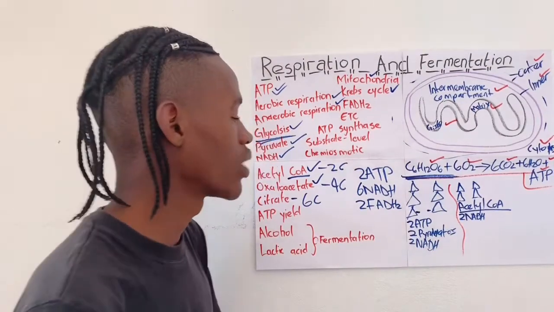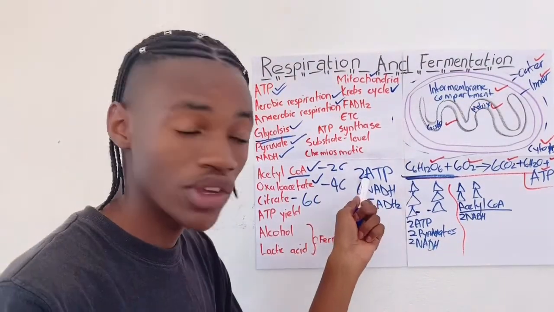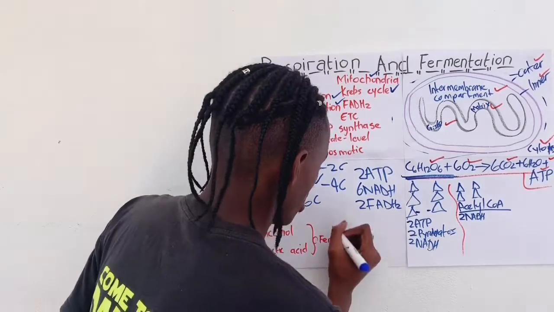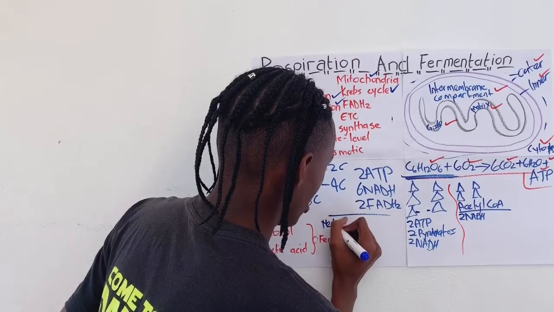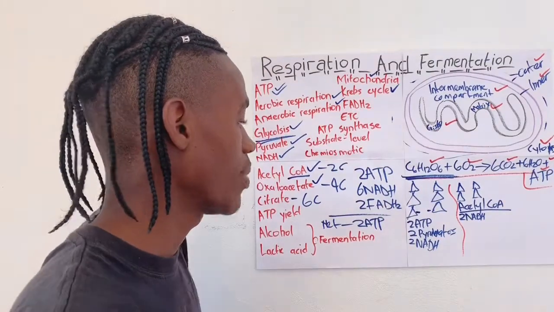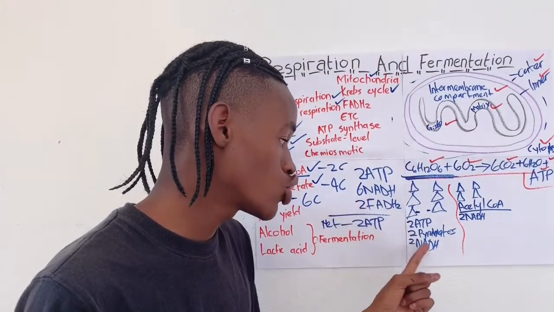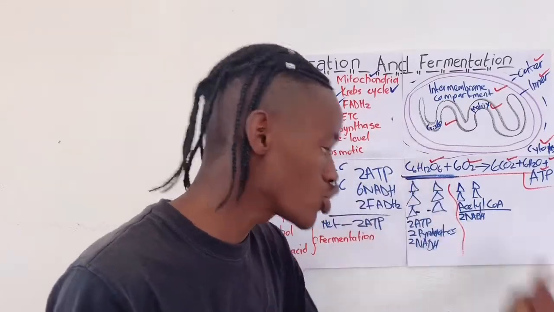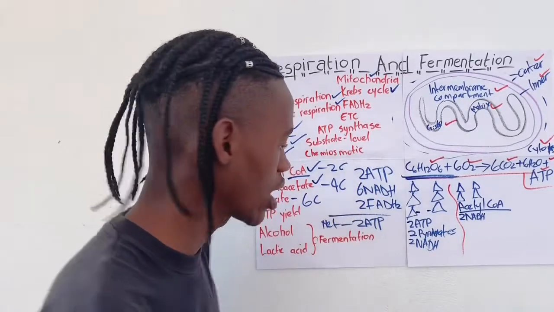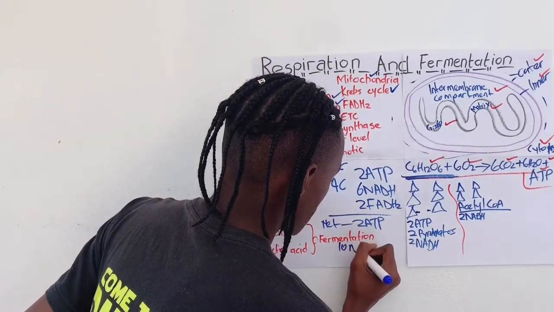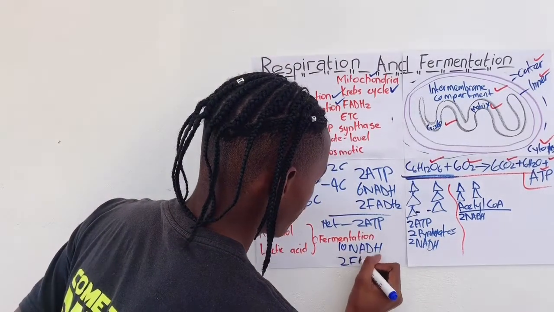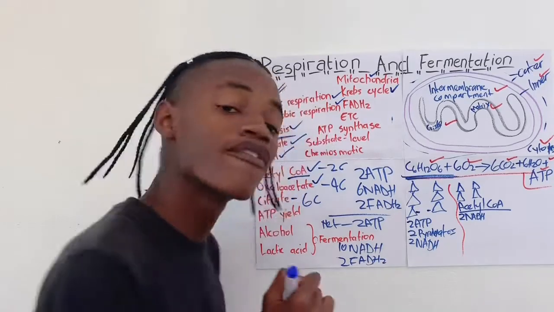So far we have made 2 ATPs from the Krebs cycle and 2 ATPs from glycolysis, making 4 ATPs. And then we made 2 NADH from glycolysis, 2 NADH from the transition step, and 6 from the Krebs cycle, which gives us 10 NADH. And then we have 2 FADH2 from the Krebs cycle.